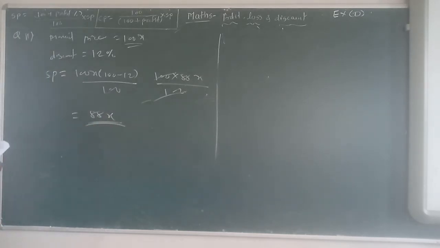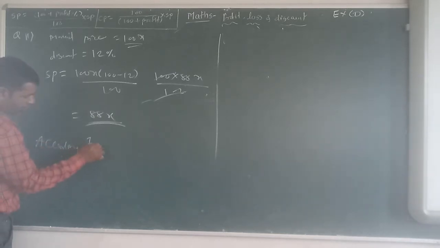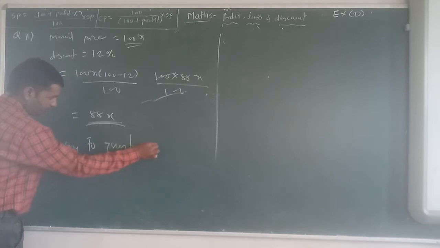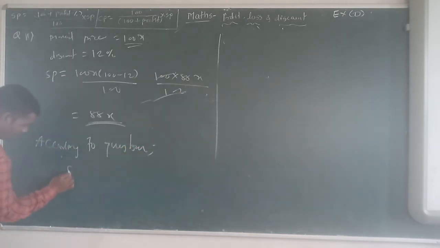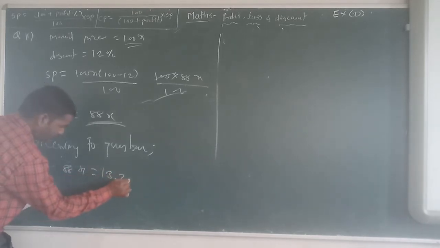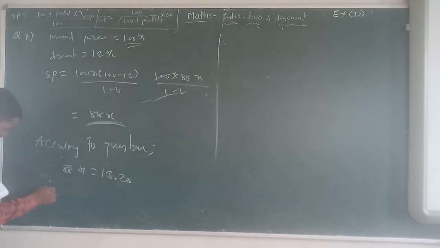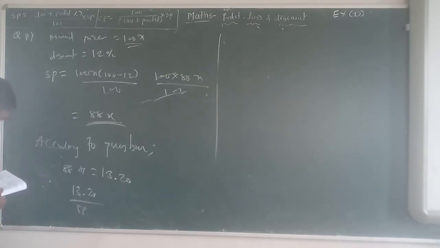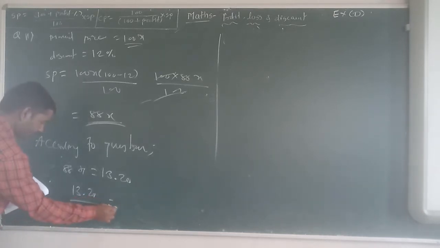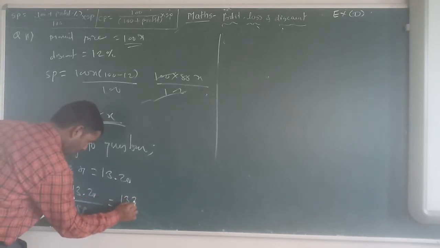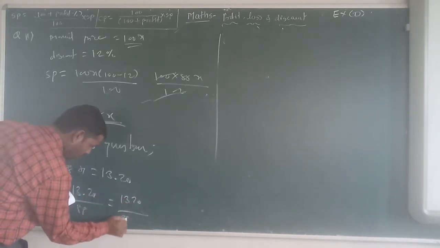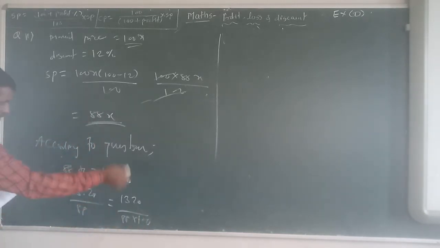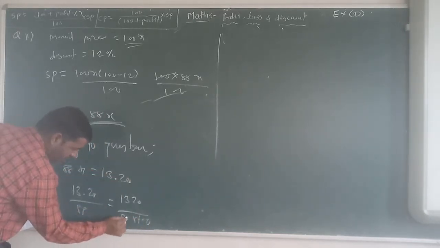Now what is given according to the question? According to the question, 88x is equal to 13.20. Therefore x is 13.20 upon 88, which is 1320 upon 88 into 100. I have shifted the decimal to the right side and written multiply by 100.